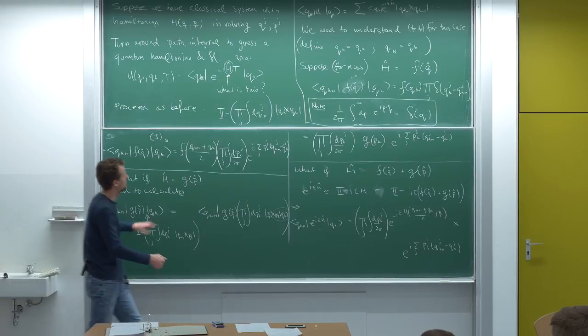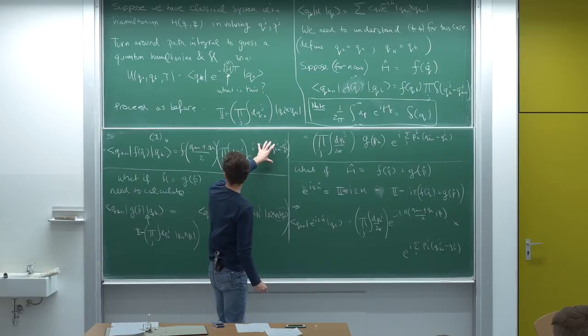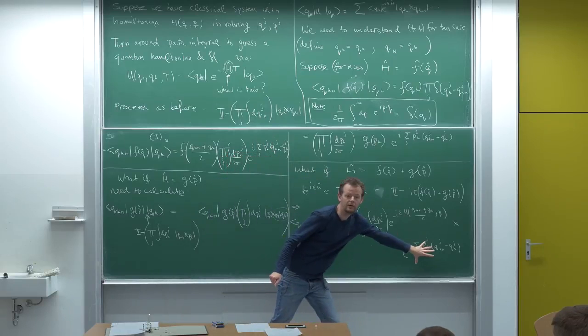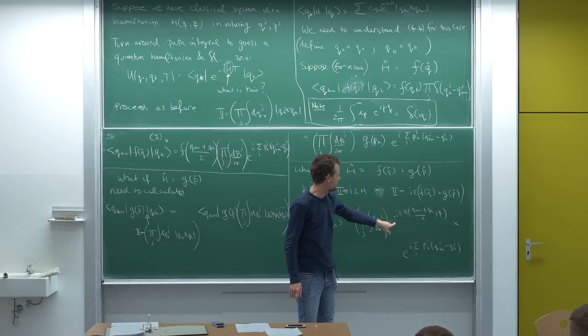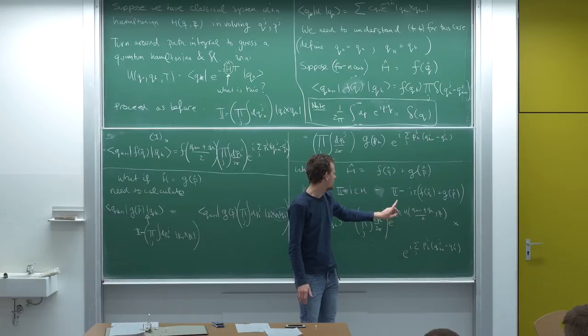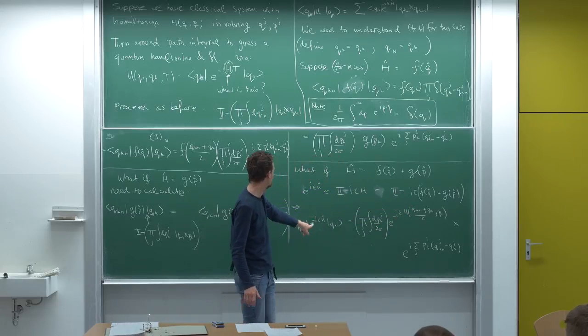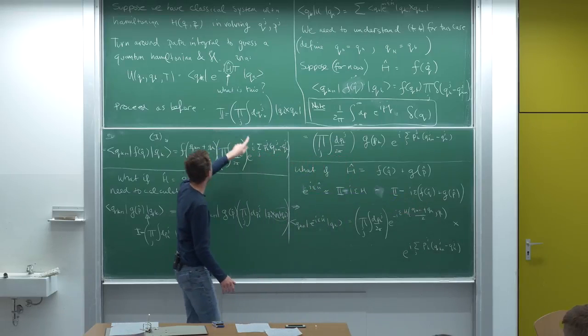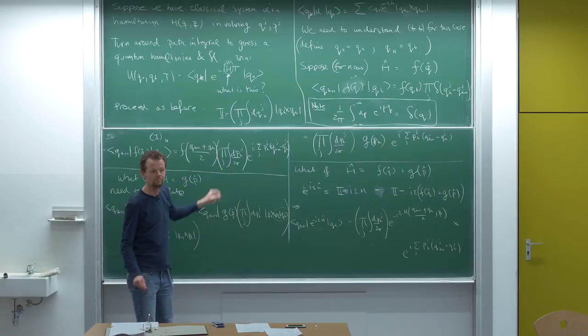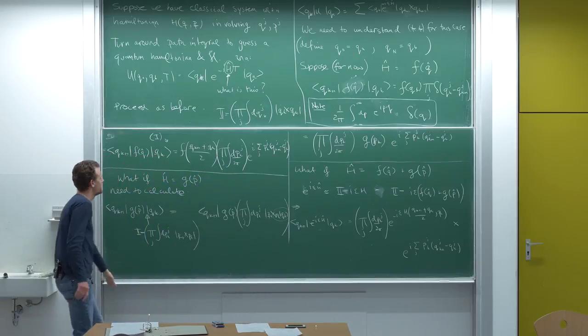See that term here, this already corresponds to this here. A quick way to answer this question is just in your mind, Taylor expand this to linear order. Then you get 1 minus i epsilon f of q. And that f of q is precisely that guy there. Okay. Thank you.